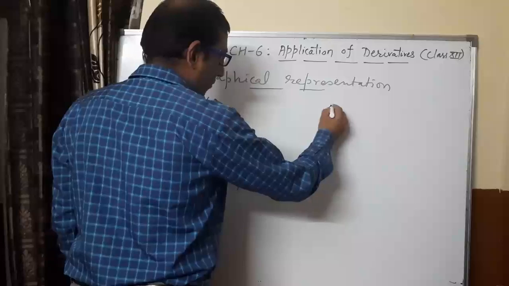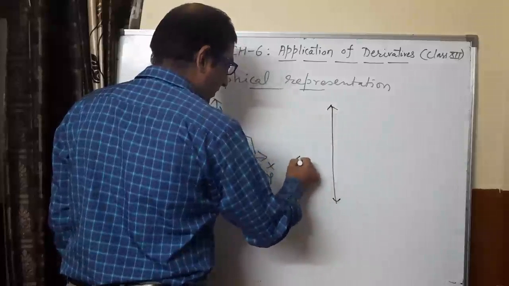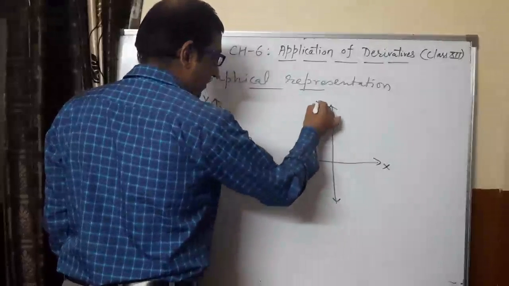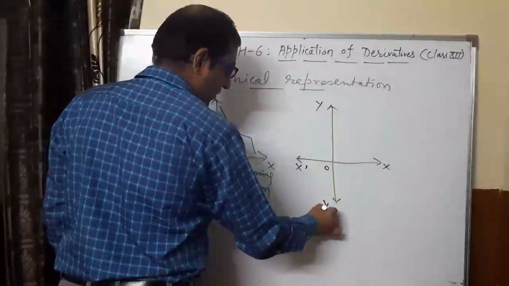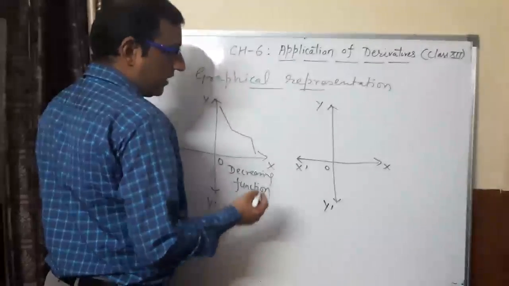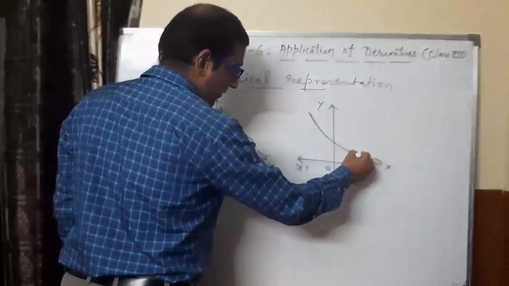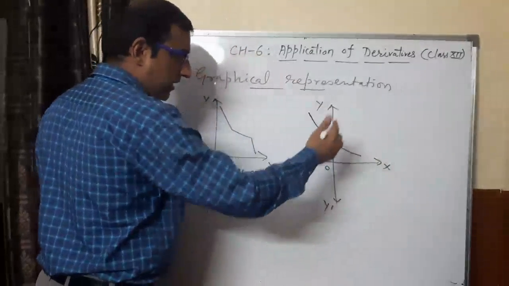Then how can we plot the graph for strictly decreasing function? So strictly decreasing function looks like this type. This is strictly decreasing.